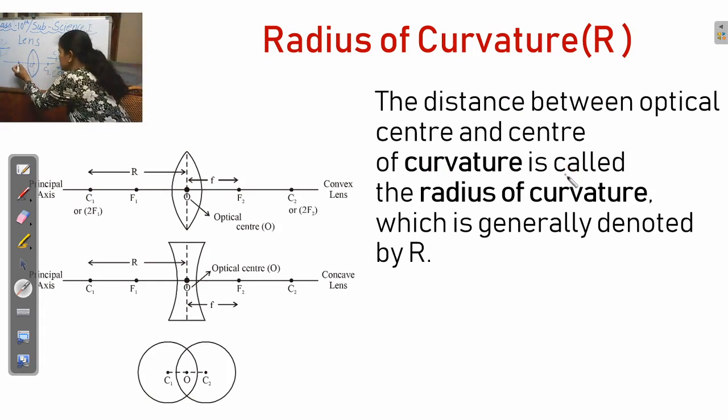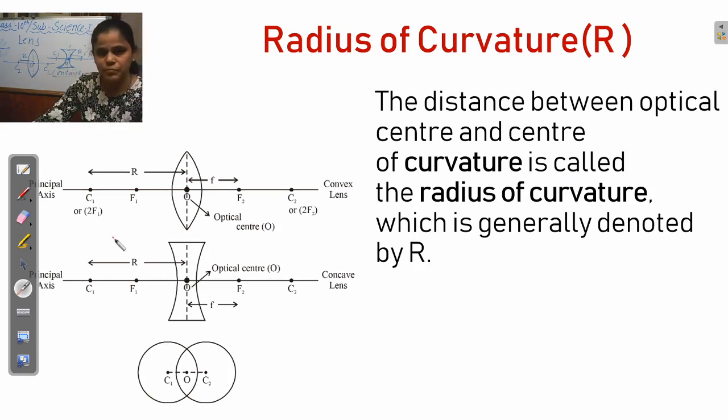So this distance is R. In the same way, this is R, the distance between this optical center and the center of curvature.